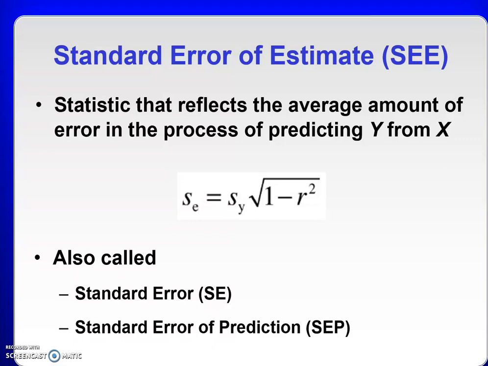We also know that we have a standard error. This is the statistic that we use that reflects the average amount of error in the process of us predicting y from x. You see the formula there. We also might call this standard error, or sometimes it's referred to as standard error of prediction, SEP.